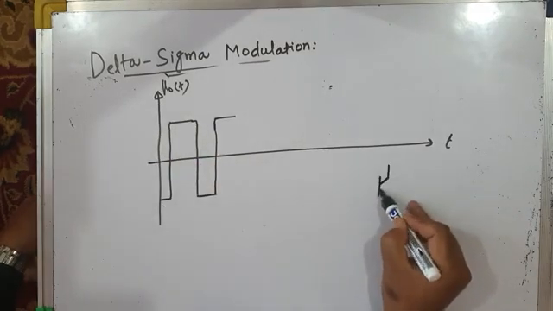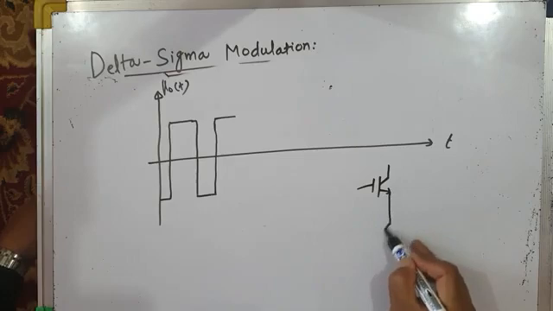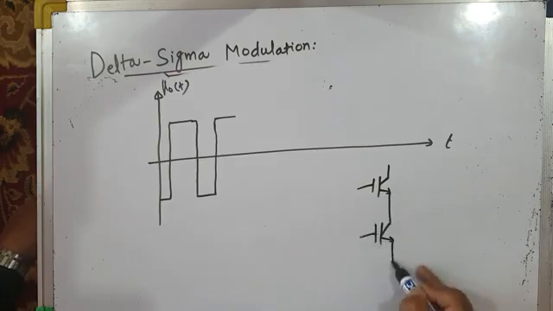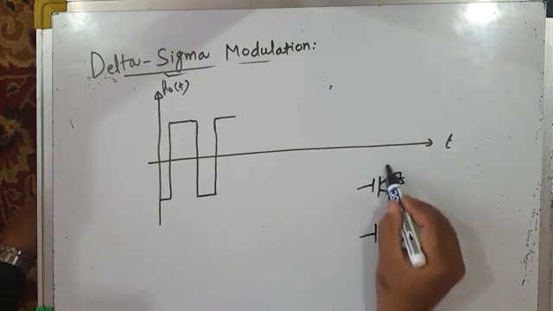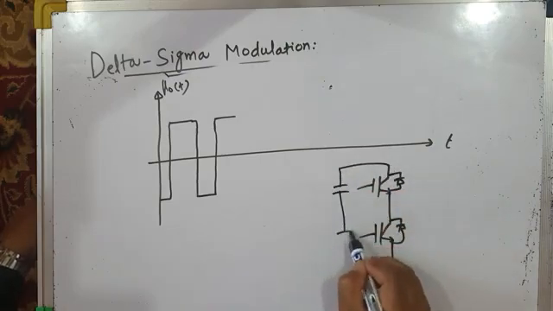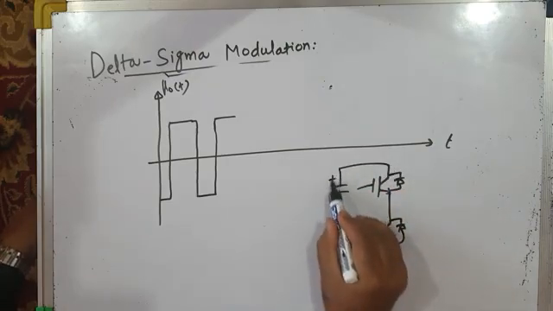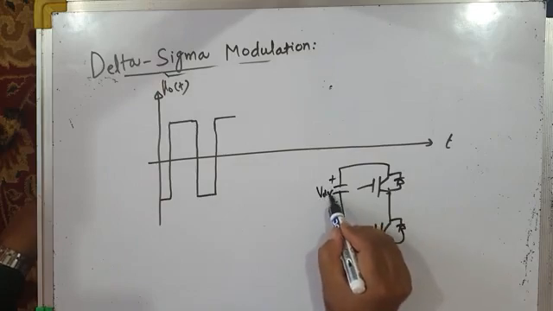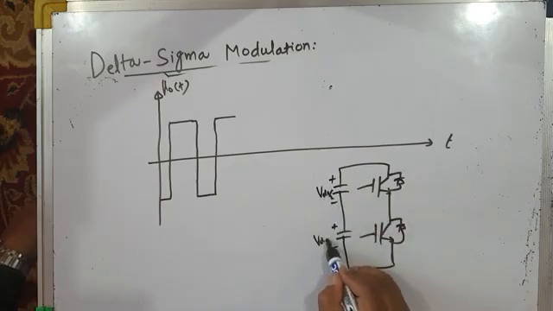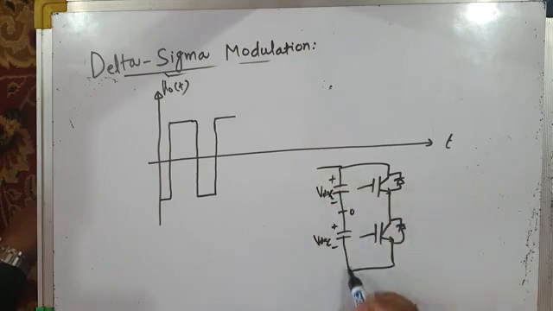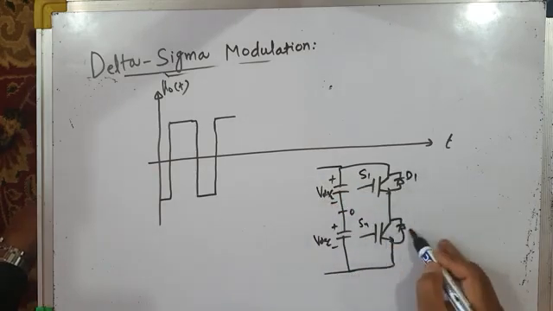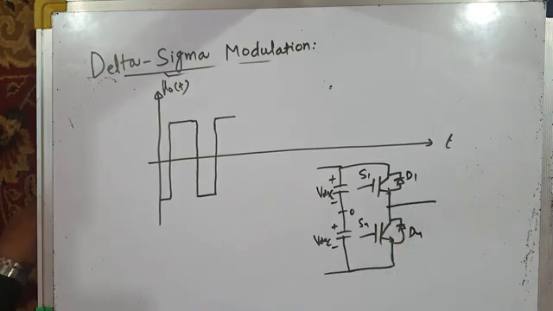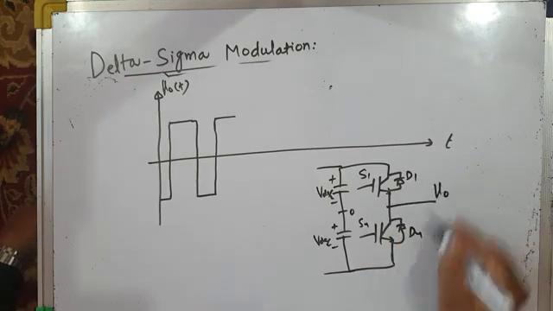If you draw the inverter phase leg, say phase leg R, like this, this is S1, S4, D1, D4, and let us say output voltage is V naught.